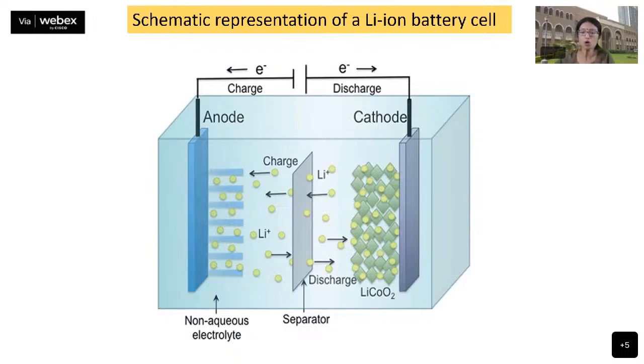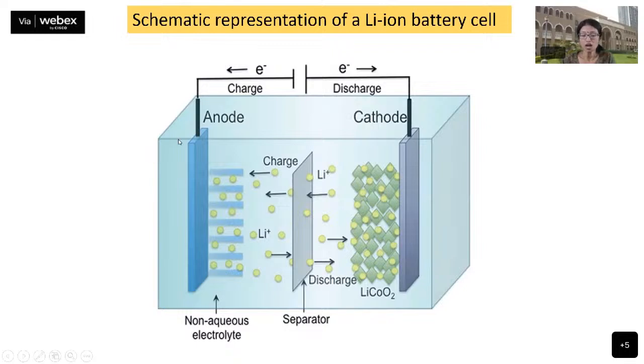So now, how does a lithium-ion battery cell function? You have an anode, which in the commercial lithium-ion batteries right now is graphite, and you have a cathode, which is lithium cobalt oxide.